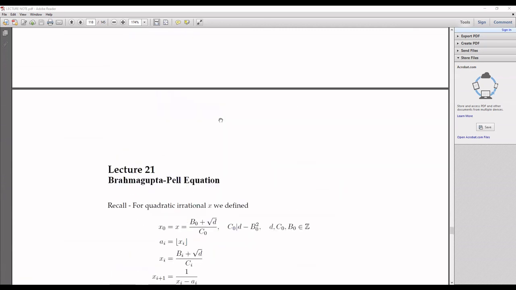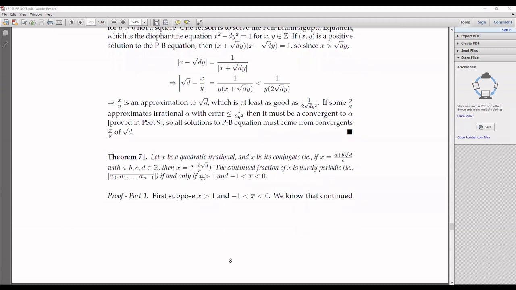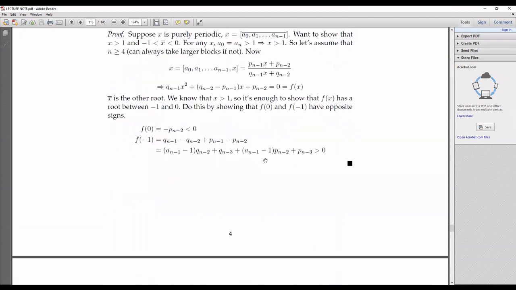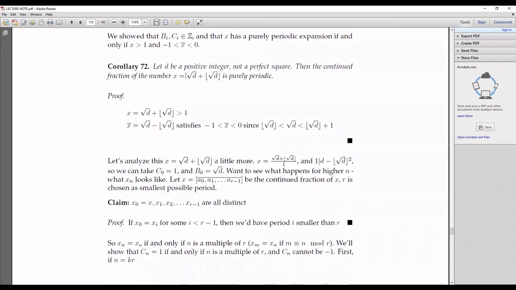We are using the last theorem we proved, the right to left direction of the theorem. That is, if x is greater than 1, and its conjugate lies in the interval -1 to 0, then the continued fraction of x should be purely periodic. So we are trying to prove that this interesting number follows the criteria.